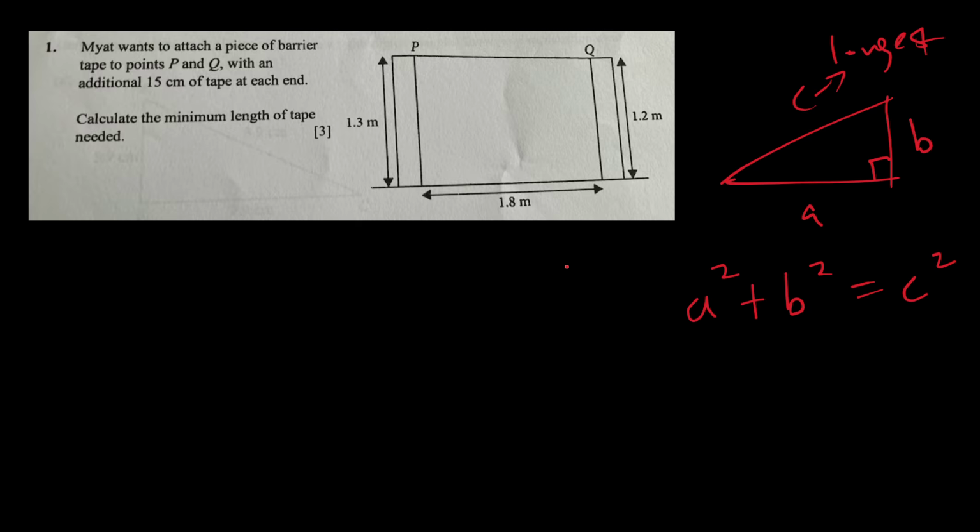Alright, with this as a backdrop, I think what the question wants you to see is that over here the left side is 1.3 meter, and over here the right side is actually 1.2 meter. So actually there is a mismatch. Therefore, your point P is actually higher than your point Q. Okay, by how much?